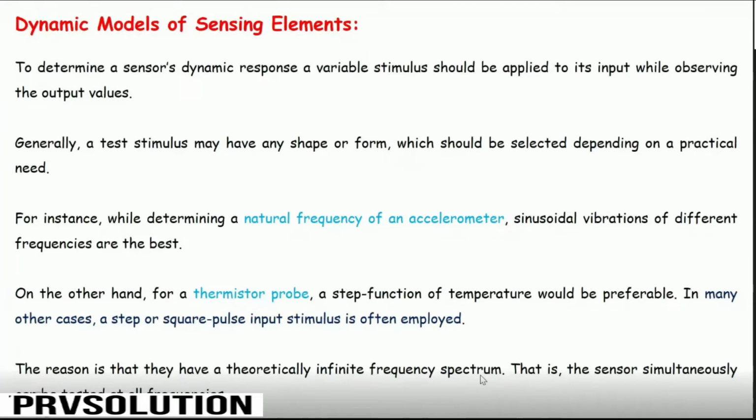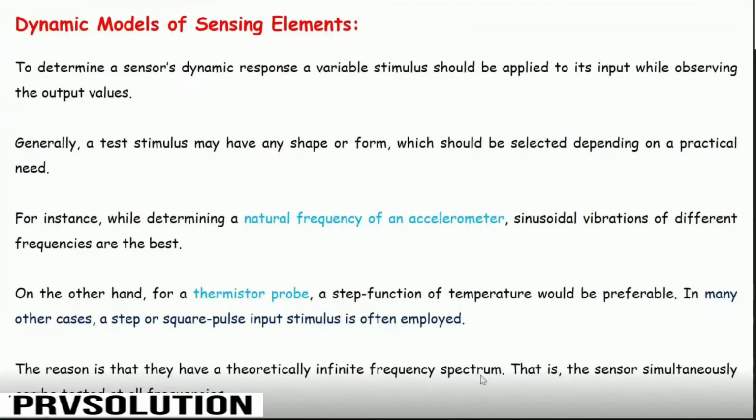So when this type of input is applied, we can test the system for an infinite frequency spectrum. That's why these stimuli are very important to observe the dynamic behavior of a sensor system or sensor element.